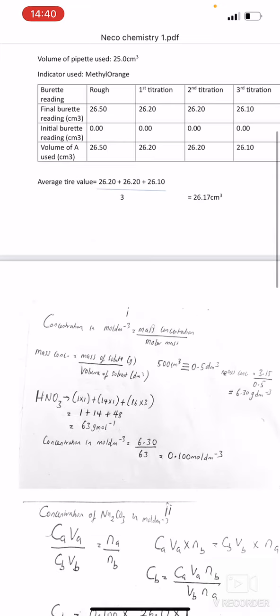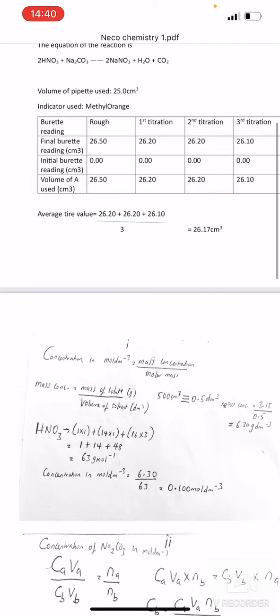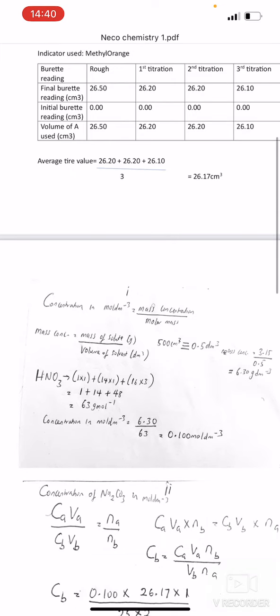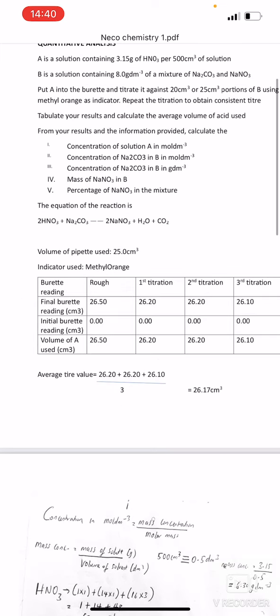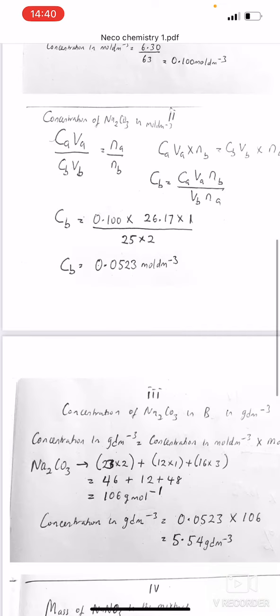Then NB, if you look at the equation of the reaction, in front of Na2CO3, there is 1 there, invisible. That is why my NB is 1. And in front of HNO3, we have 2 there. That is why our NA is 2. So we've gotten that one. Then the third question, let us find the concentration of sodium carbonate in gram per dm³.